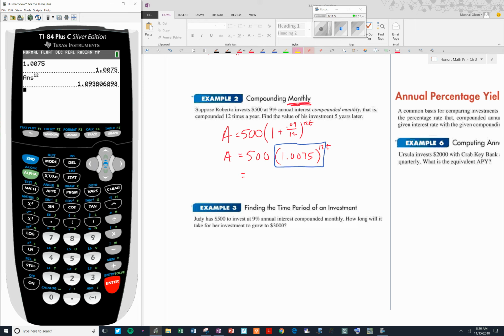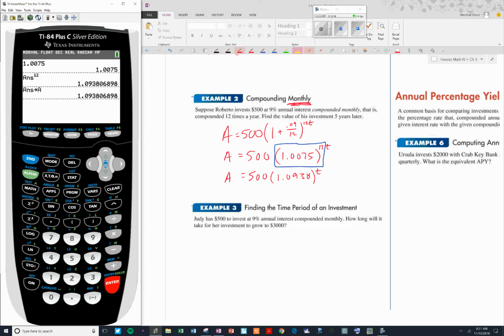I'm going to rewrite this as 1.0938. I'm going to round it there, but I'm actually going to store this on my calculator by hitting store, which then asks what you want to store it as. It doesn't matter, I'm going to store it as A and hit enter.